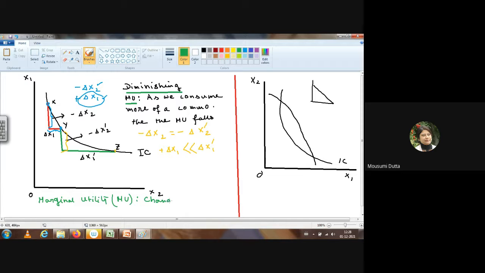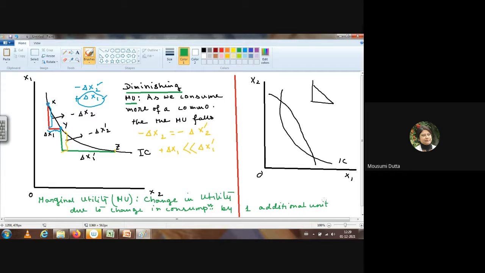It is change in utility due to change in consumption by one additional unit.